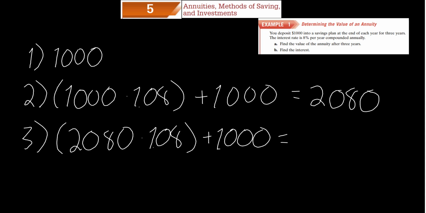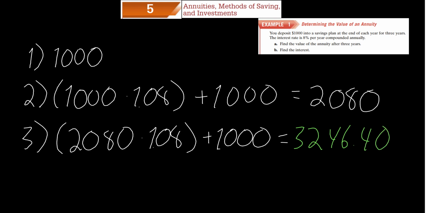Anyways, in my calculator I've got 2080 times 1.08. That is 2246, and then I add 2246 to 1,000, so I get 3246, and there's also 40 cents in there.